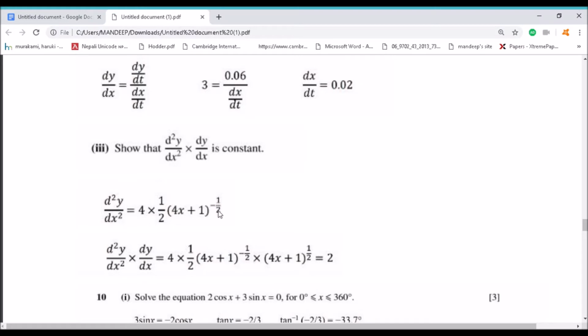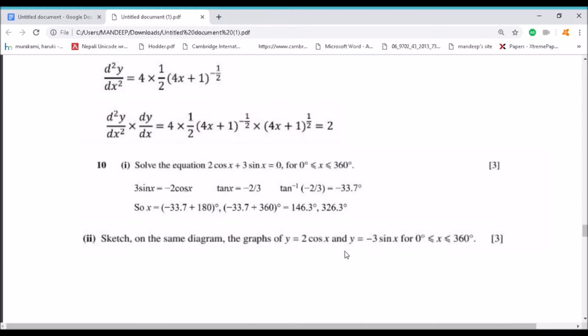We had power 1 over 2 minus 1, which is going to be minus 1 over 2, and we multiply by the derivative of 4x, which is 4. So we have 4 times 1 over 2 (4x + 1)^(-1/2), and we multiply both, and these two add to 0, so 4 divided by 2 is going to be 2.